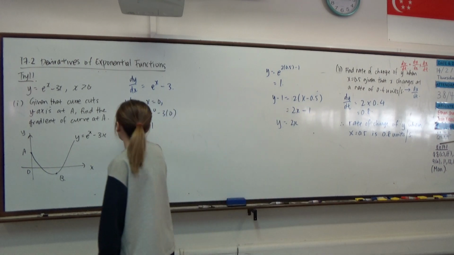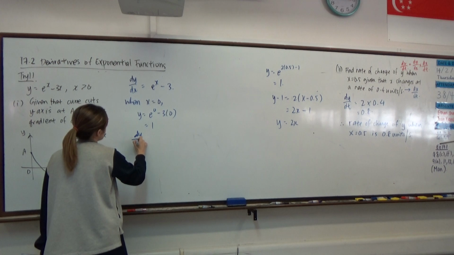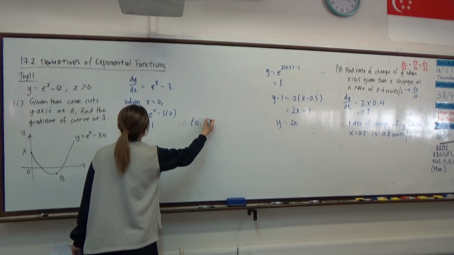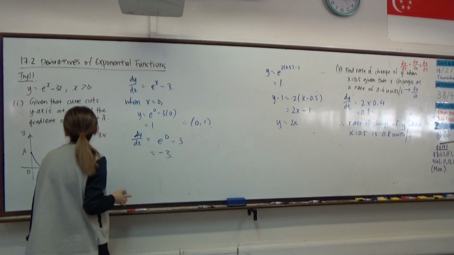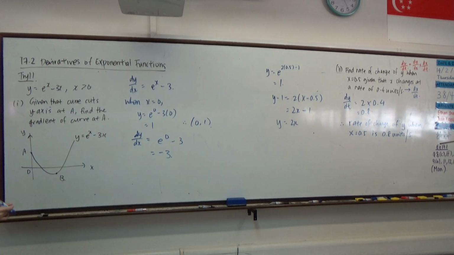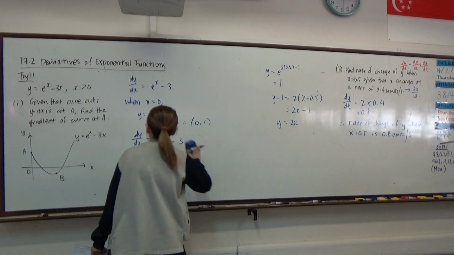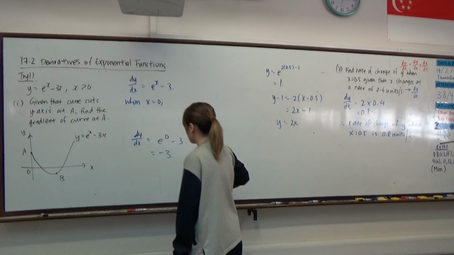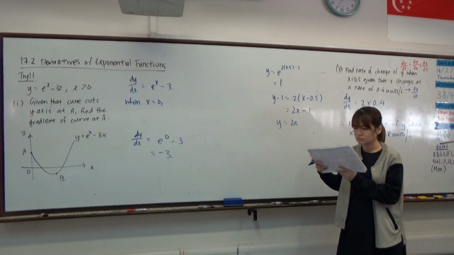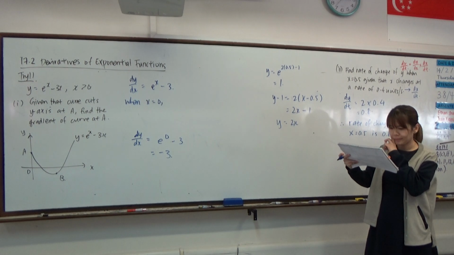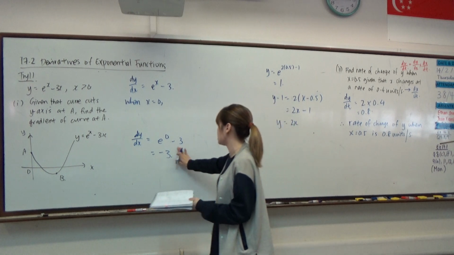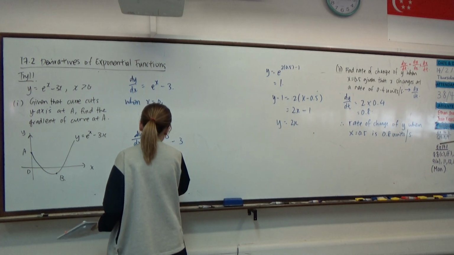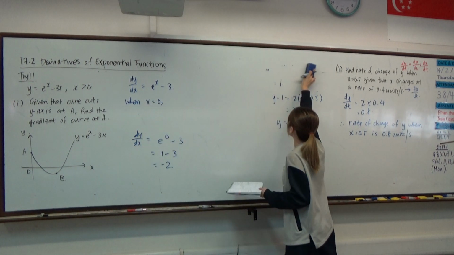Then dy over dx would be equal to 1 minus 3. Actually, do we need the coordinate? No need. Sorry, 1 minus 3 is how much? Negative 2. So the gradient is negative 2.